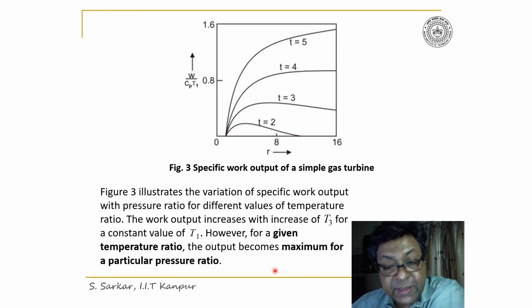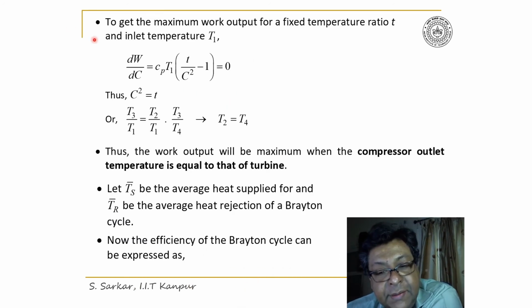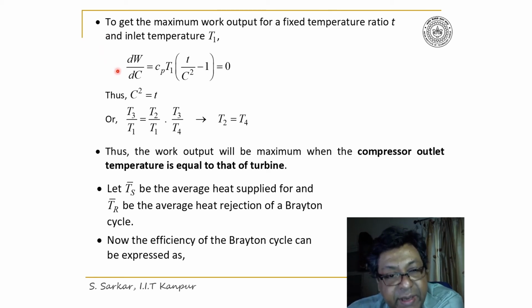Now in the next slides, I'll show the condition when we'll get the maximum work output. To get the maximum specific work output for a fixed temperature ratio small t and inlet temperature T1, I can say dW divided by dC would be equal to 0. Now dW by dC is equal to Cp into T1 within bracket small t divided by C square minus 1.